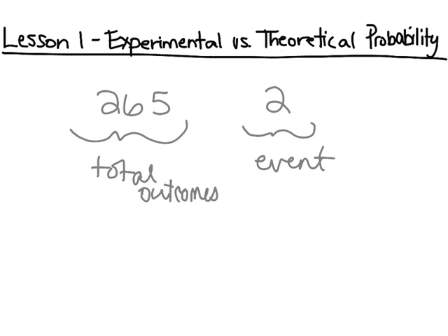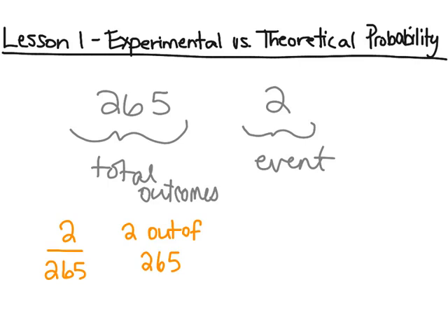So to figure this out as a percent, a decimal, a statement, and a fraction, we can start with a fraction. So this is the same as 2 over 265. And the way that we would say that is 2 out of 265. So there's a fraction and a statement.